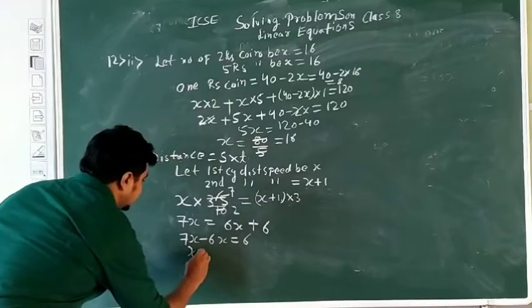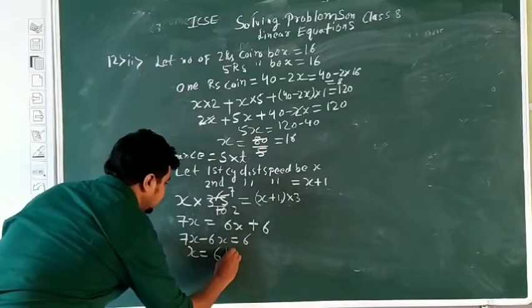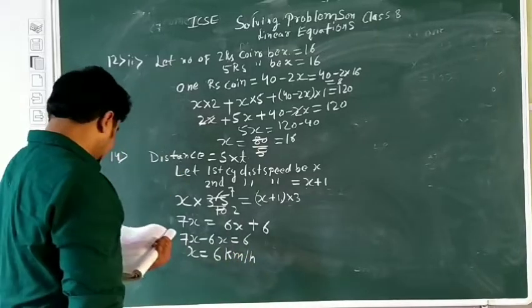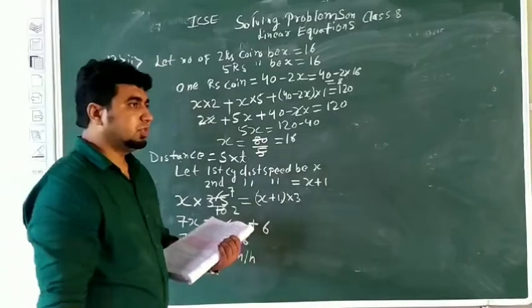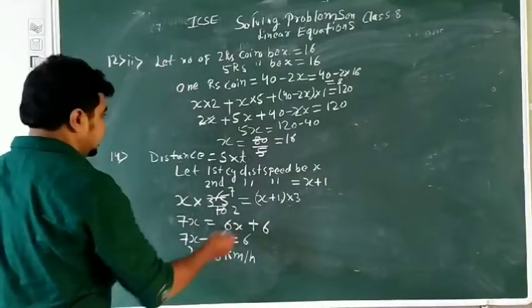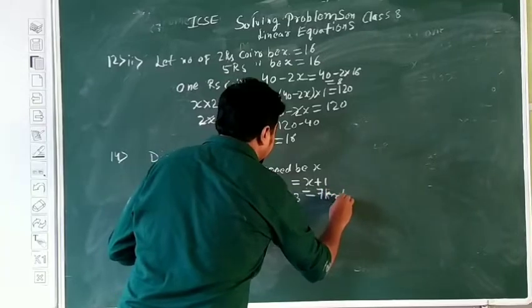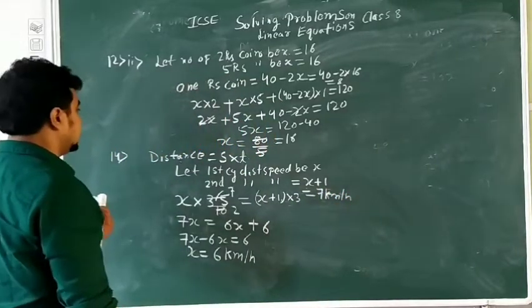So we are getting x is equal to 6 kilometer per hour. This is the speed of the first cyclist. So the second cyclist's speed, x plus 1, is 7 kilometer per hour.